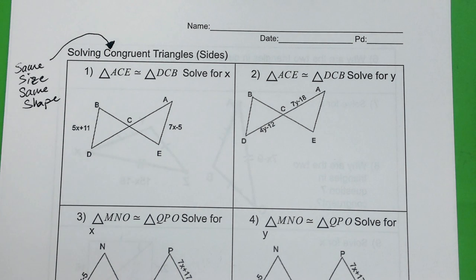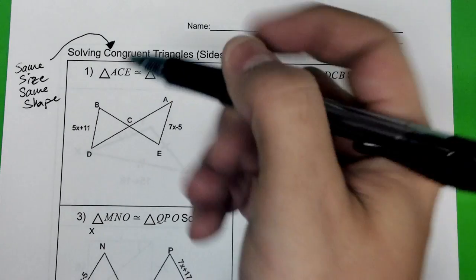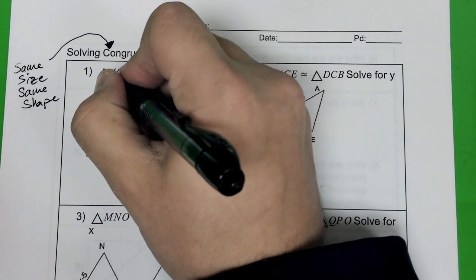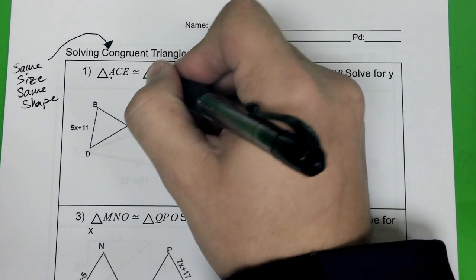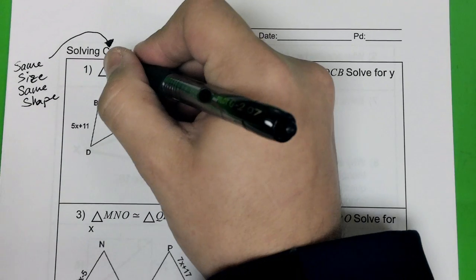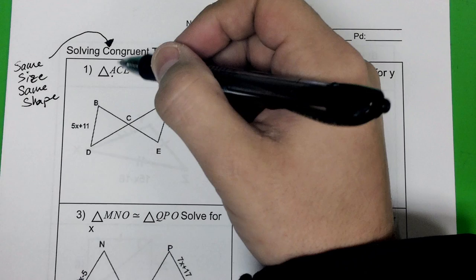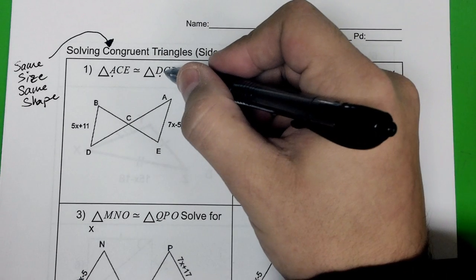So, what you're going to do, if you're told that these two triangles are congruent, the matching parts, like angle A here is going to be congruent to angle D here, and segment AC, it's the first two letters in the name of this triangle, and DC are going to be congruent.